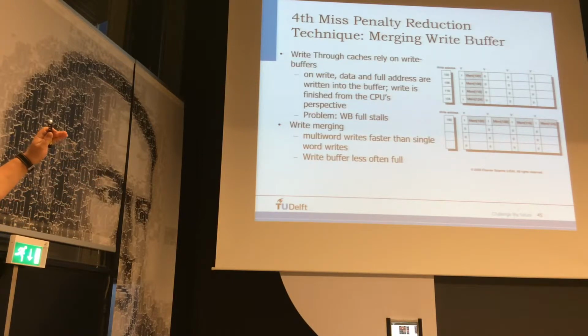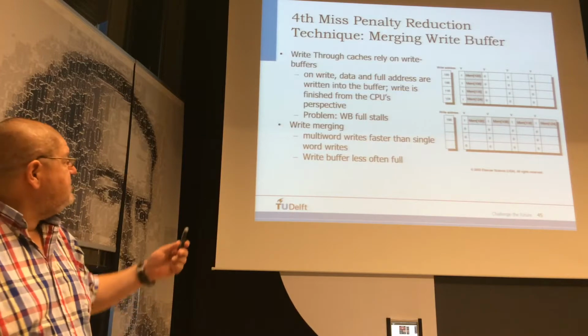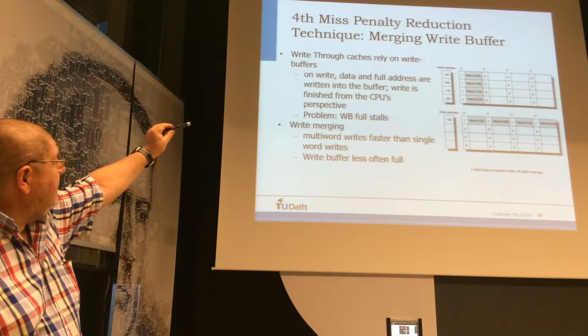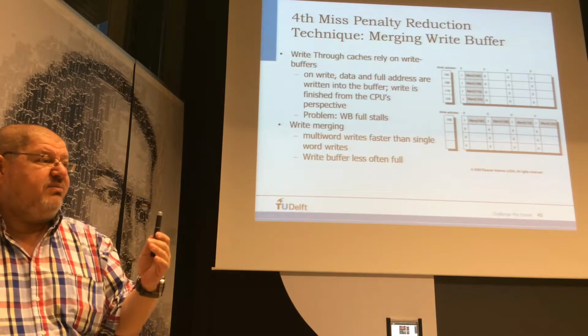I have an address, and then I have in this address some values. Now, when I write locations which are consecutive, you see, those locations, 100, 108, 16, 24, are actually consecutive in the memory.